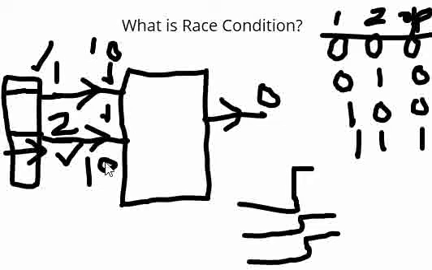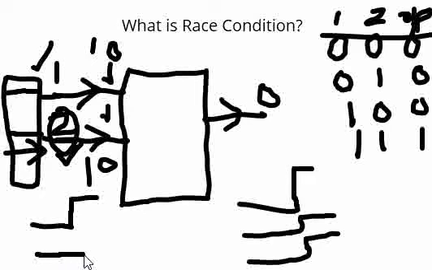Now let's assume a scenario where the input on 2, which we need to give 1, arrives at a little later time, like this is 1, and let's assume this is another input which is coming here. For this particular time, the output of the AND gate stays low and then it goes high here, correct?